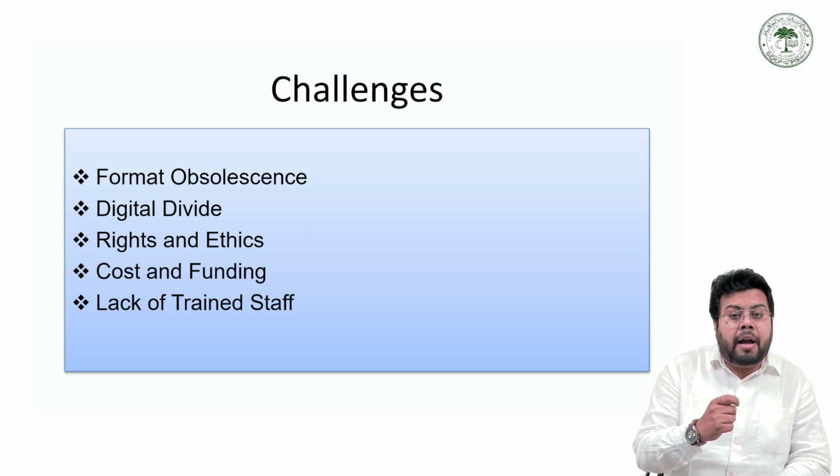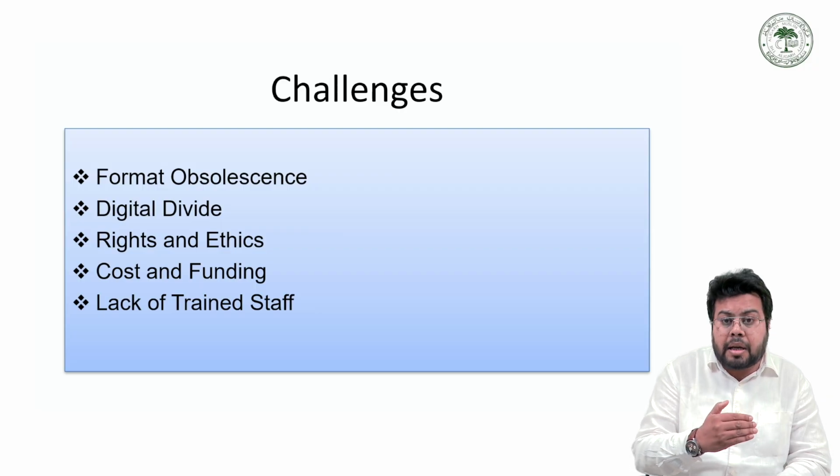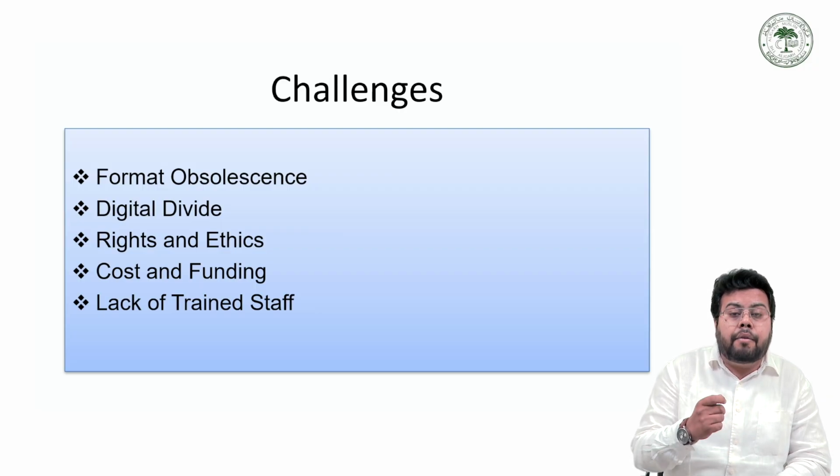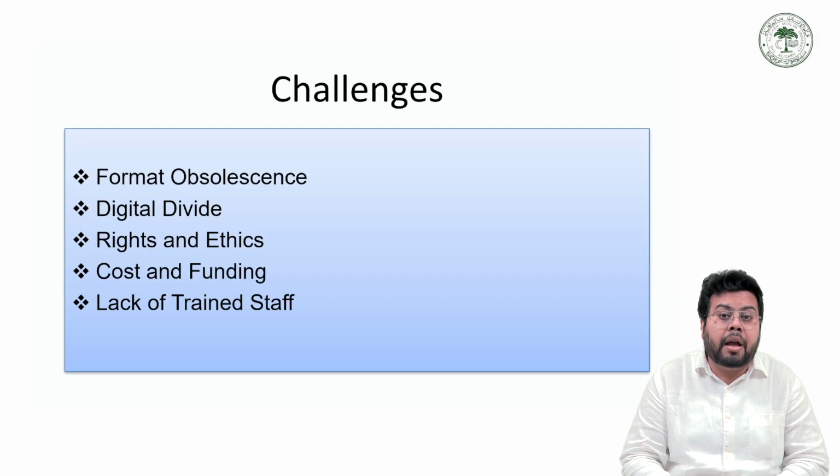So because files become unreadable and software becomes outdated, we have a risk of losing access to older digital objects. That is one of the challenges we have in digital archiving, and which is of course the first and foremost danger or worrisome thing that needs to be pondered upon.